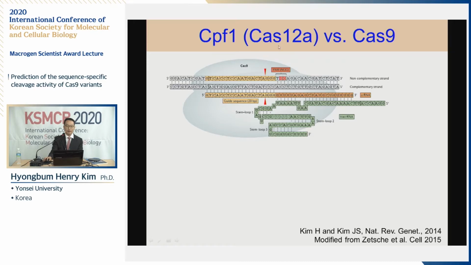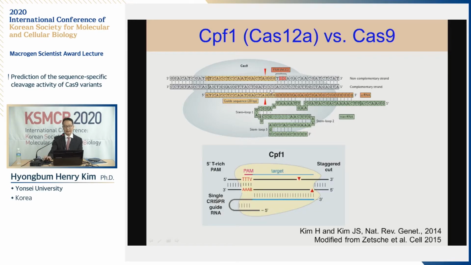So far, I have talked about Cas9, but there's also another programmable nuclease in this field, which is called Cas12a or Cpf1, the same thing. This is the structure of Cas9, and this is the structure of Cpf1. Cpf1 has only one CRISPR RNA. They don't have a tracrRNA.